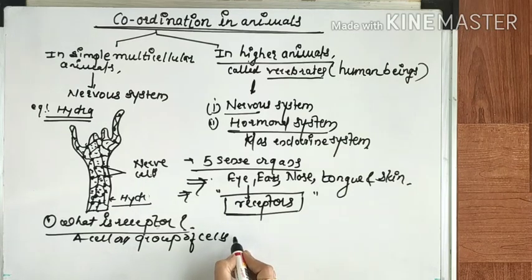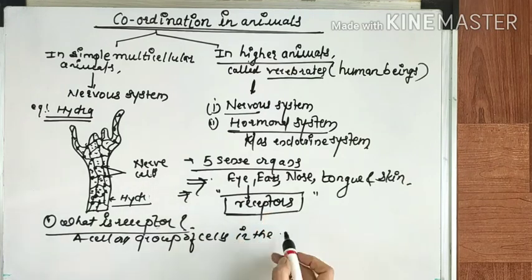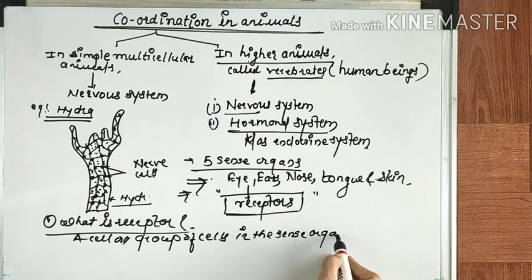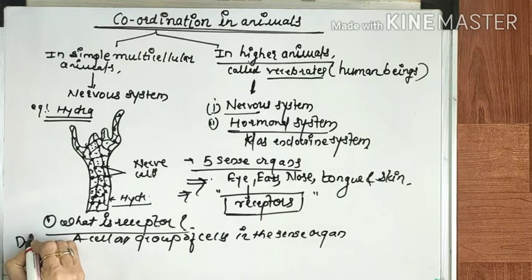Where it is present, that we already discussed, right? Present in the sense organ, which is sensitive to a particular type of stimulus, such as light, sound, smell, heat, pressure, etc. That is called a receptor. Now you got exactly the definition of the receptor.